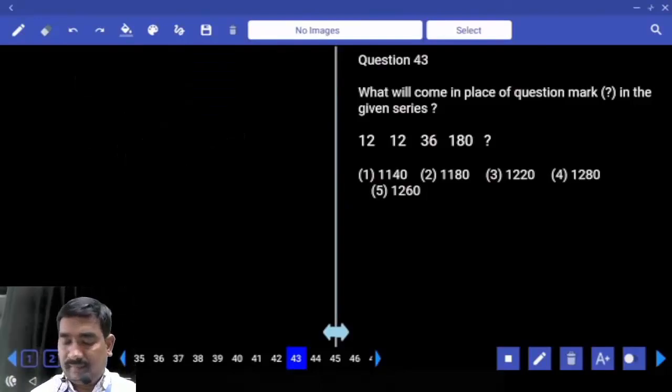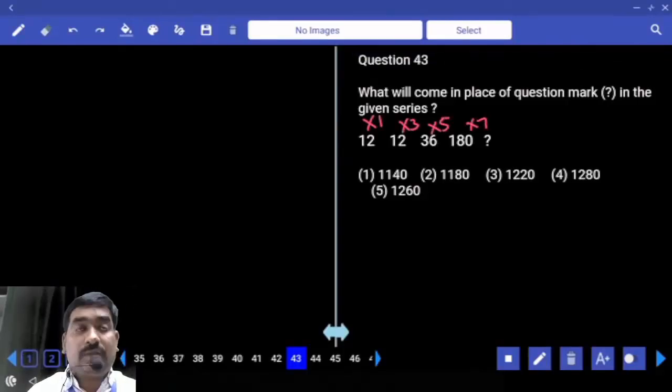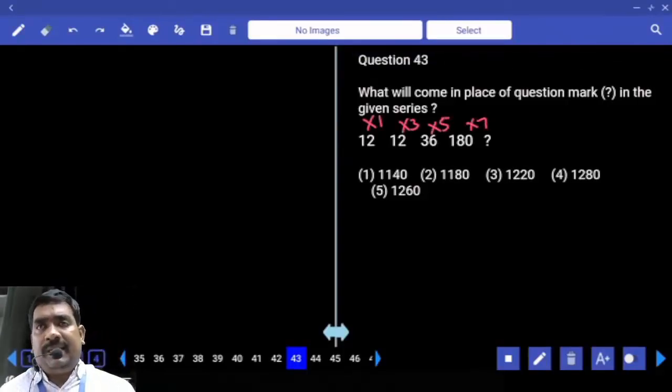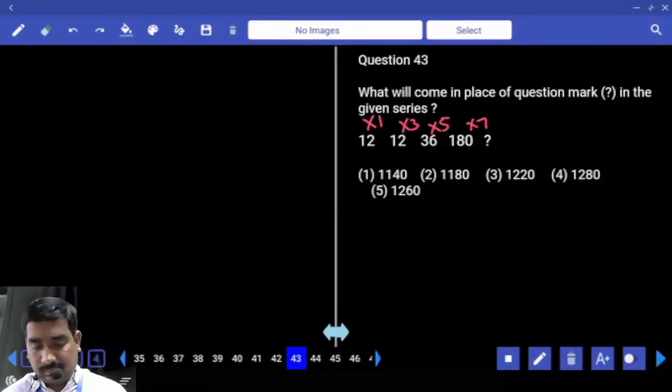Next thing, number series. Into 1, into 3, into 5, into 7. 187 times 1260. The fifth option is your answer.